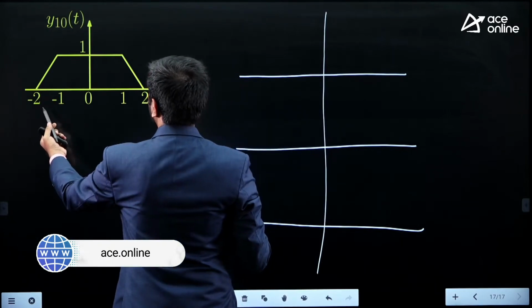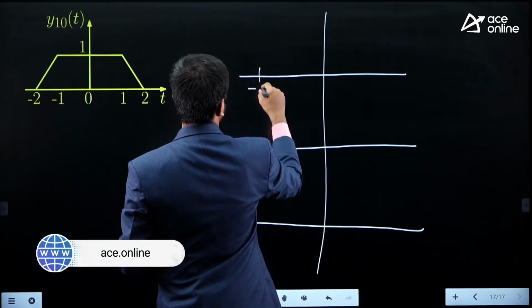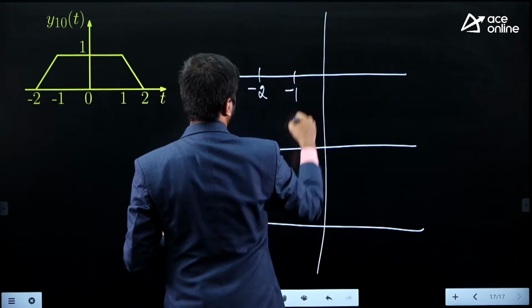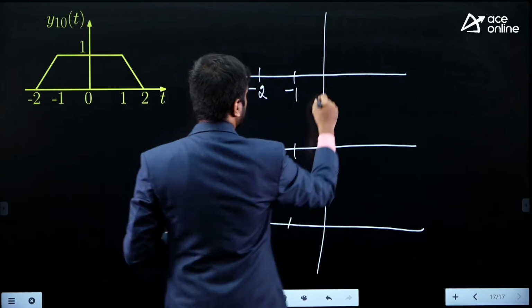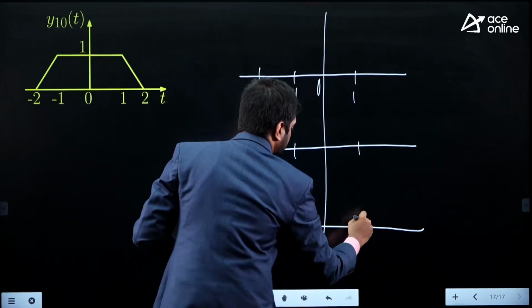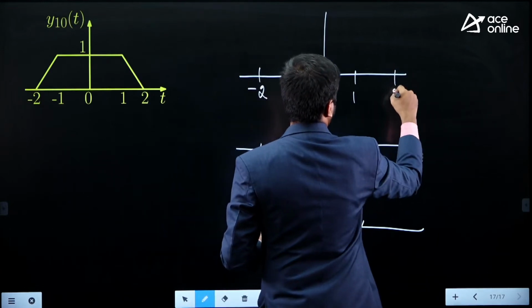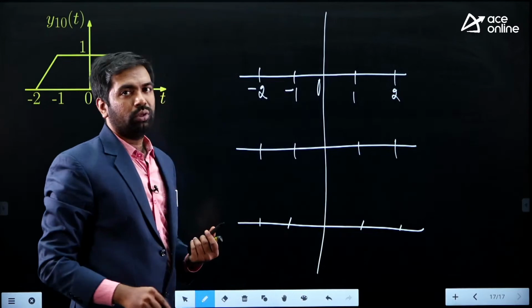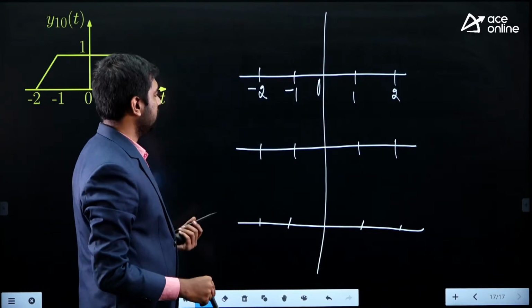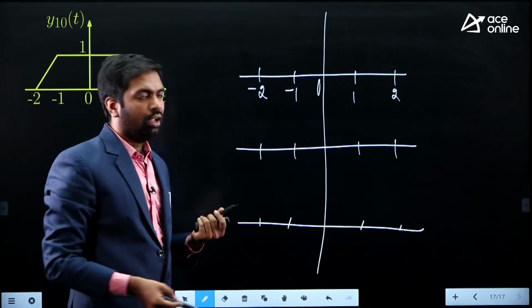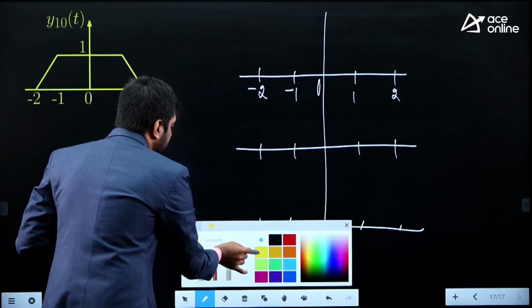So the signal is from -2 to 2. Let me mark a few points. So what I'm going to do is, I'm going to add a few things, and I'll try to get this. Add what? I'll add triangular pulses like this.